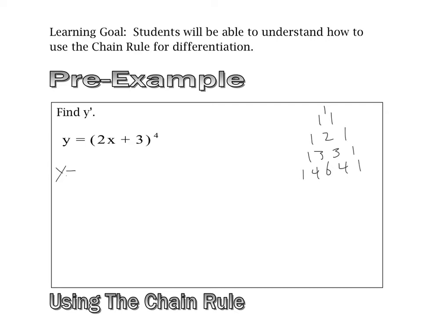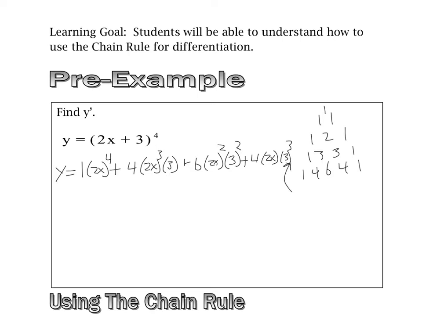And so if I expanded this, I would get 1 times (2x) to the fourth, plus 4 times (2x) cubed times 3, plus 6 times (2x) squared times 3 squared, plus 4 times just 2x to the 1, but also times 3 cubed, plus a coefficient of 1, and this one would just be 3 to the fourth.